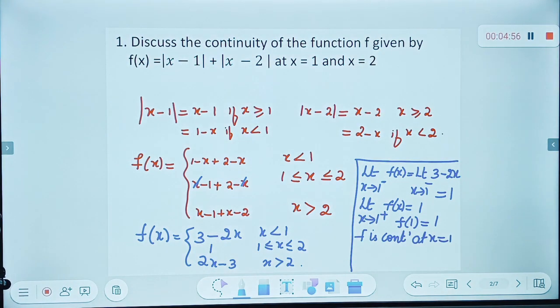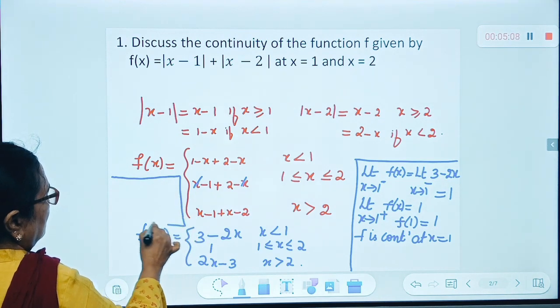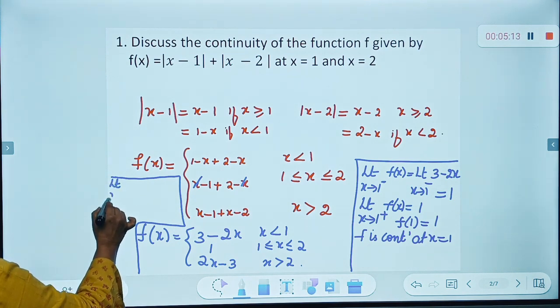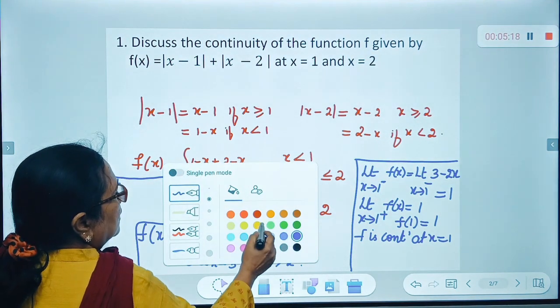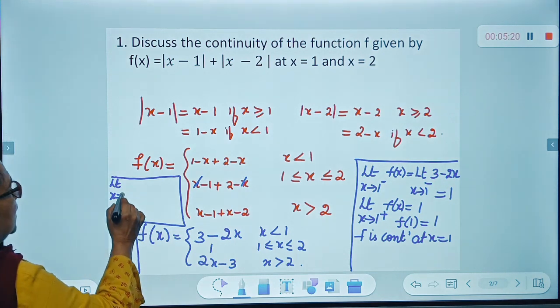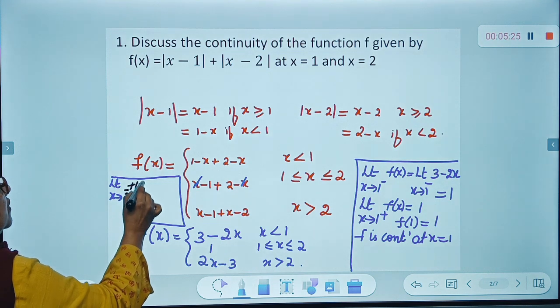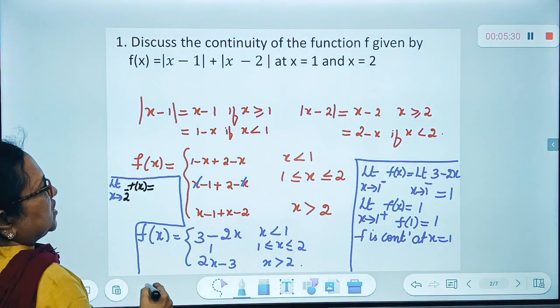Now what about continuity at x equal to 2? Let us explore whether the function is continuous at x equal to 2. Limit x tends to 2 minus of f of x, when x is less than 2, what is the function?